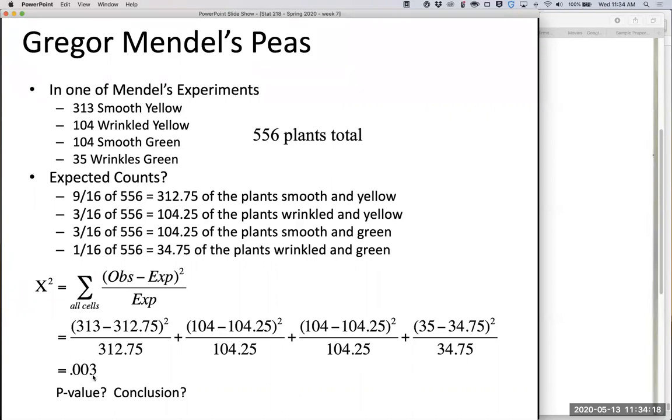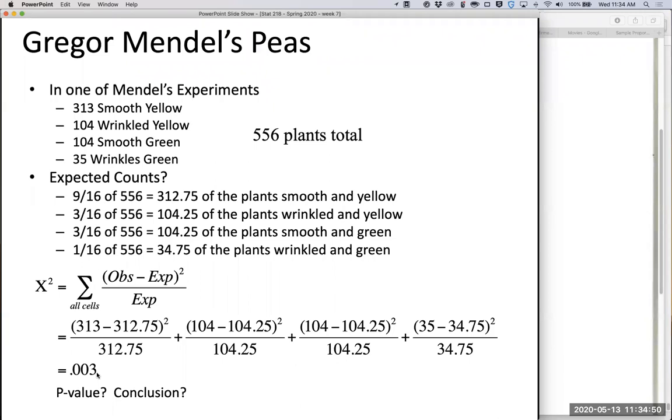If you get a tiny value for chi-square, either you did it right and the data really closely match the null hypothesis, or you maybe did a calculation error. And again, the most common calculation error is dividing before you square. So with 1, 2, 3, 4 groups, I've got 3 degrees of freedom.